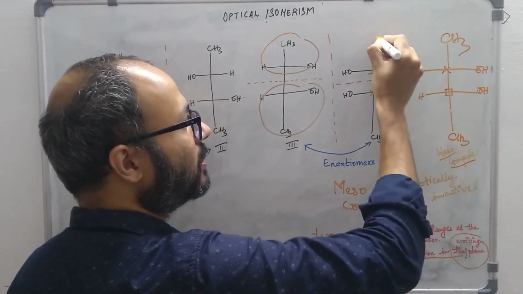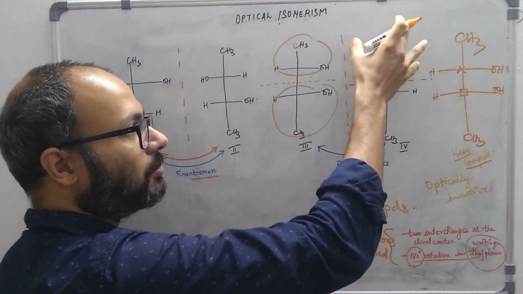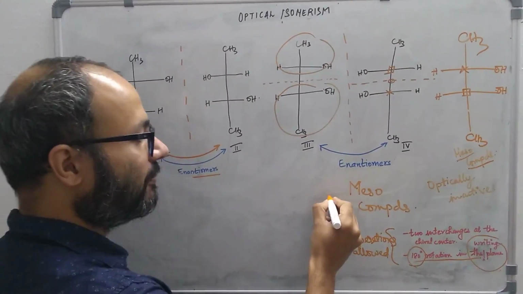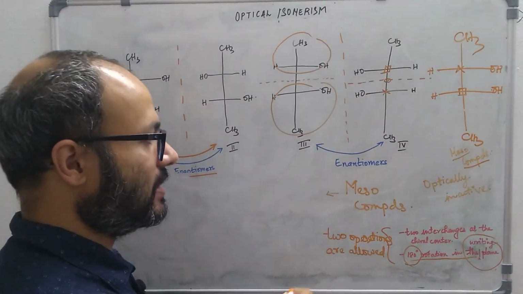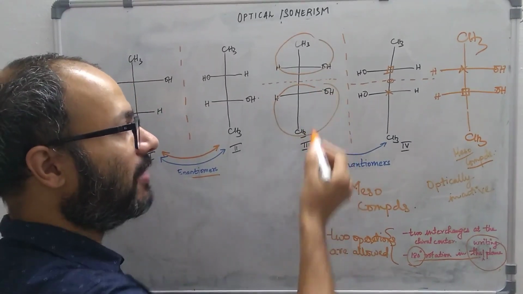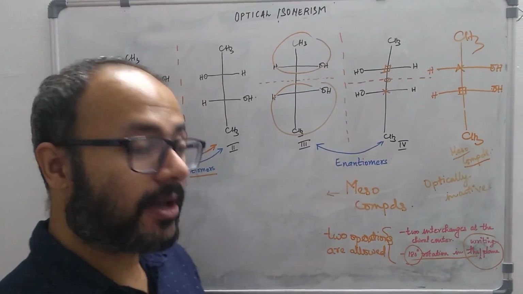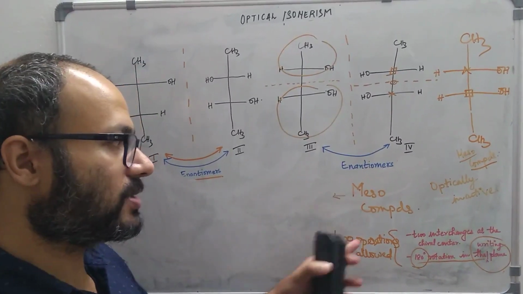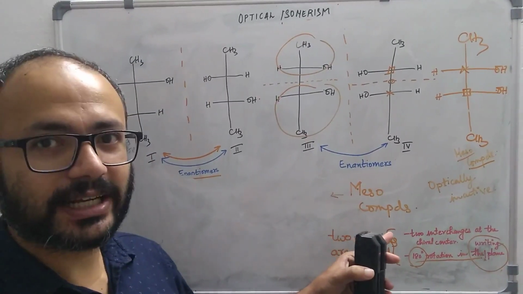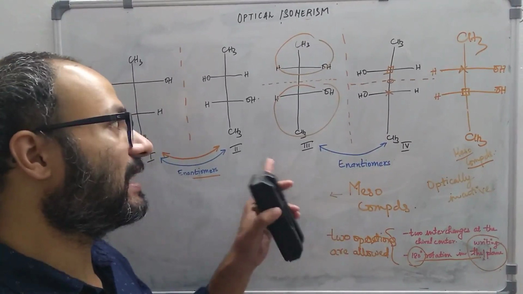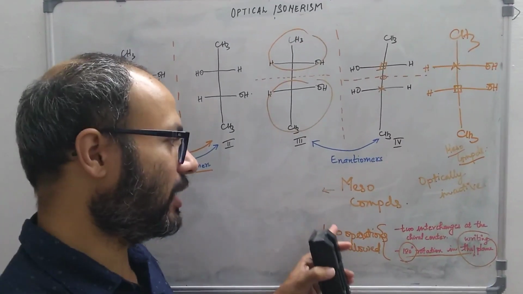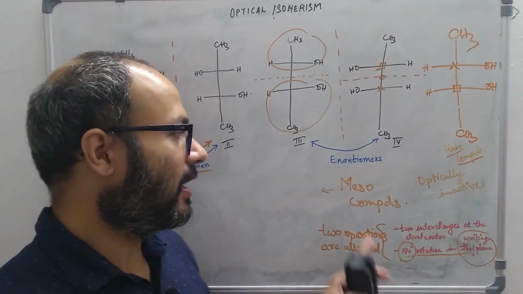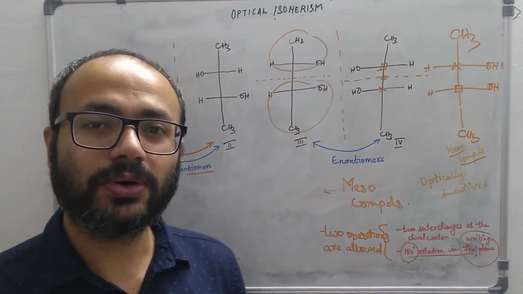Same thing, it's a mirror image. Half of the molecule is the mirror image of the other half. So you can define meso compounds also as those which have a plane of symmetry passing through the center of the molecule. From now onwards we will say specifically stereoisomers. So those stereoisomers which contain a plane of symmetry are called meso compounds.